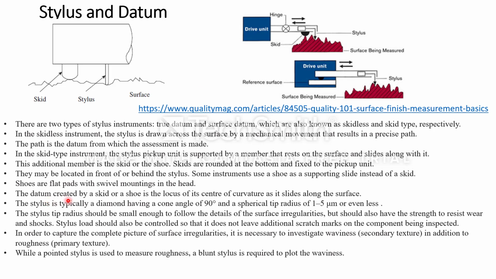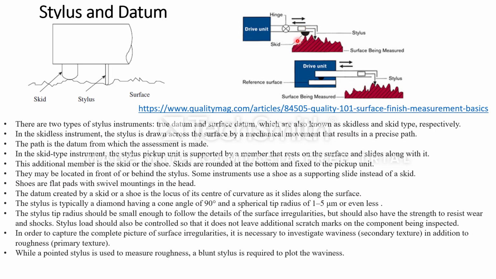The datum, whatever reference is created by the skid or shoe, is the locus of its center of curvature as it slides along the surface. What is meant by a locus? A locus is a line or curve drawn over the particular motion of the skid.